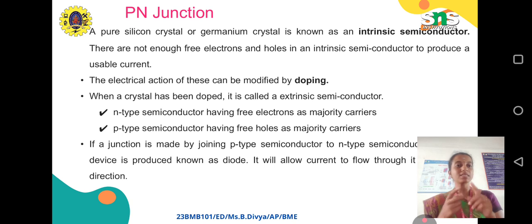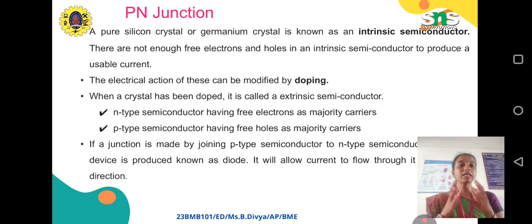We have two types, that is N-type and P-type. N-type semiconductor will have free electrons as majority carriers, whereas P-type will have free holes as majority carriers. Will have electrons and holes where the recombination will be done and the further procedure will be taken care of.